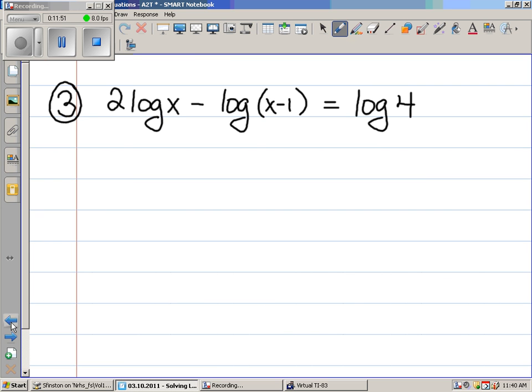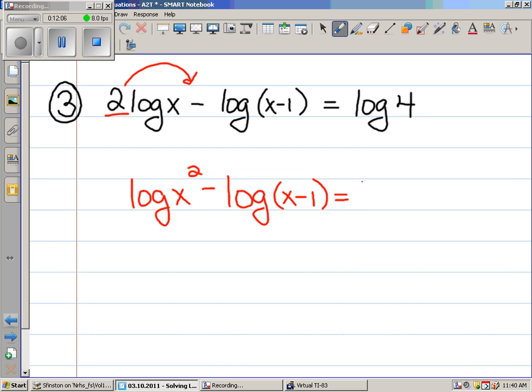The first thing that you do is, you take this number, you bring it back up top. Always, okay? So it becomes log x squared minus log x equals the log of 4. And now the next thing you do is use laws of logarithms.